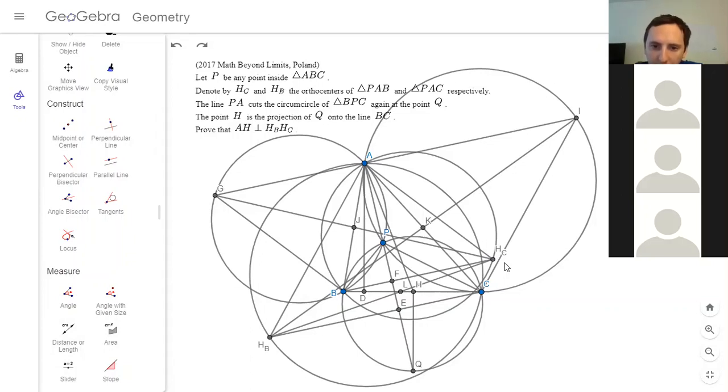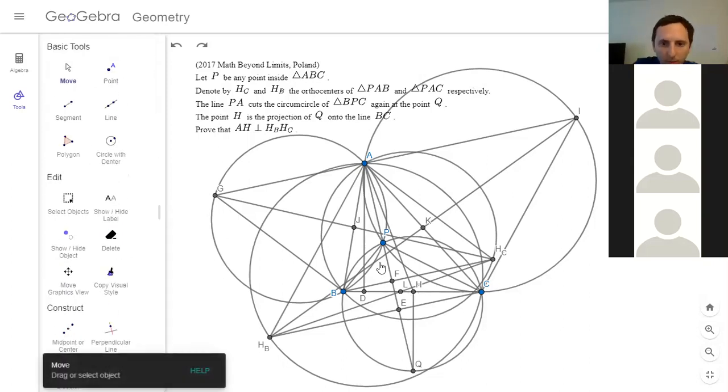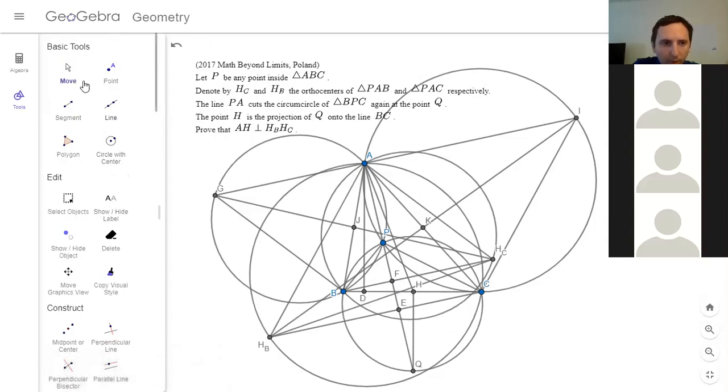Oh, because I need to let HQ meet. But basically, I want to show that the angle between HQ and this is the same as this angle.